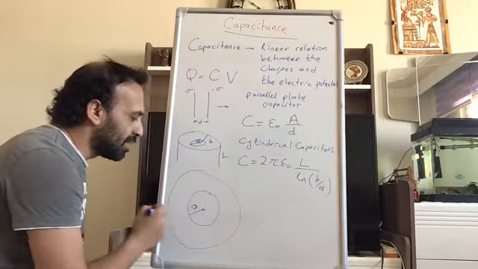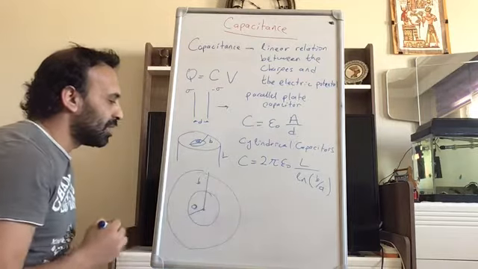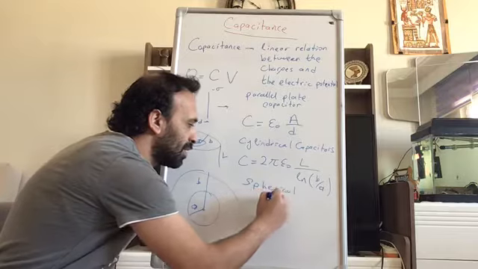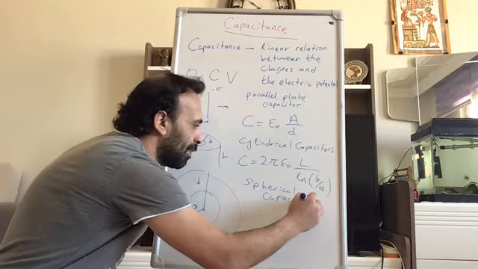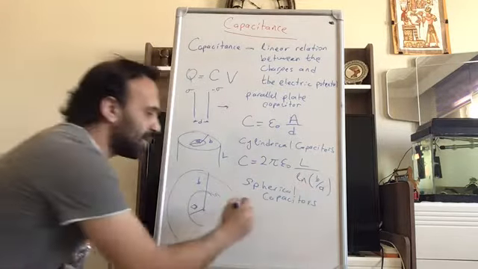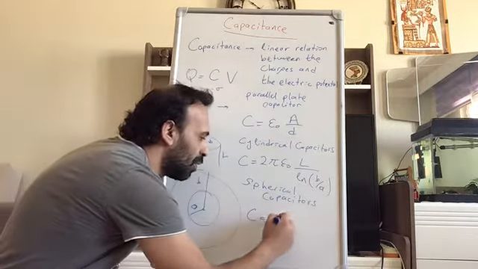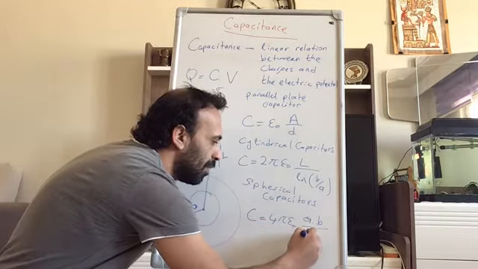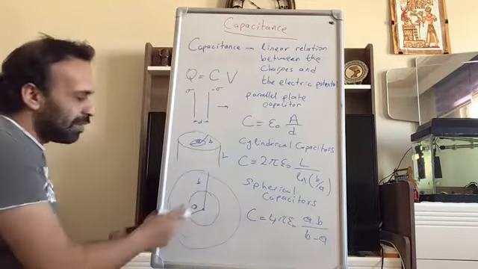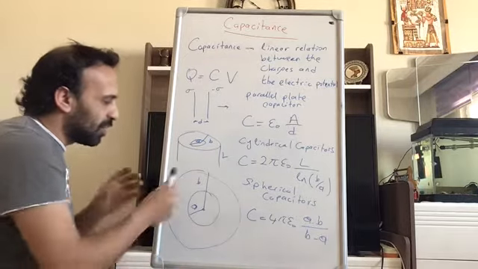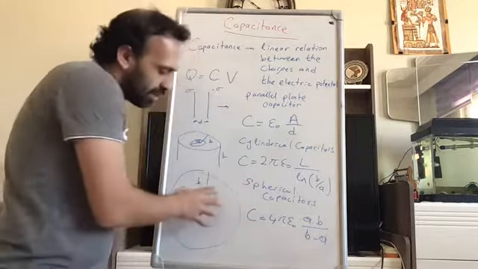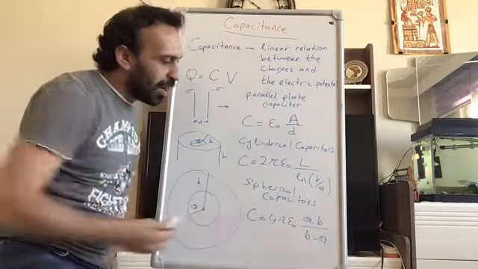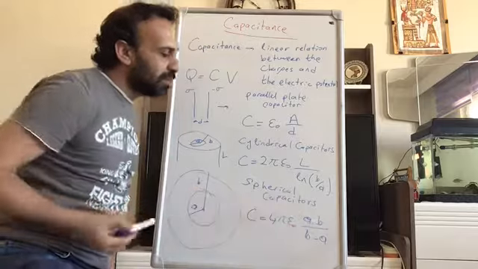One has a radius A and the other has a radius B. This is the spherical capacitor, and we also calculated their capacitance, and we found that it's going to be 4 pi epsilon 0 A times B over B minus A. So A and B are again radii of the spherical shells. A is the one of the inner sphere and B is the radius of the outer sphere, and its capacitance is 4 pi epsilon 0 A times B over B minus A.